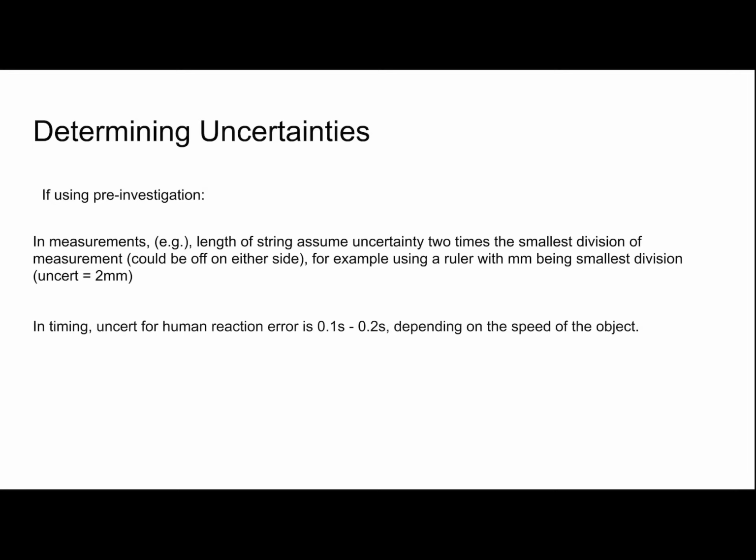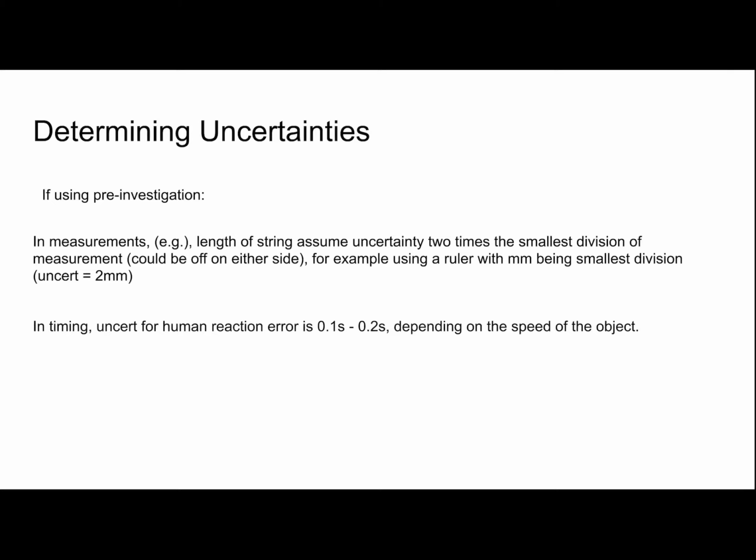For timing, the average human reaction error is 0.1 seconds to 0.2 seconds, but that also depends on the speed of the object. Because timing usually requires you to stop at a certain time. For example, in the simple pendulum example, we have to stop after the pendulum has completed 10 oscillations.